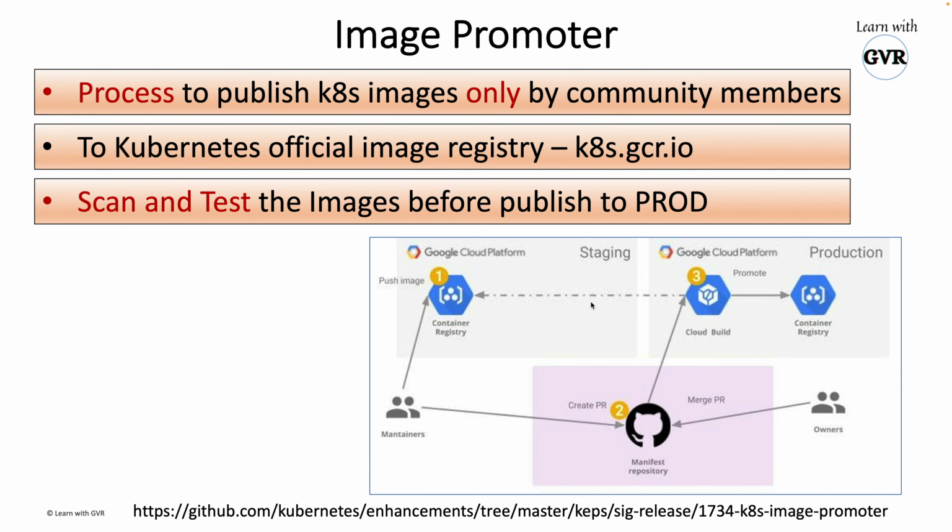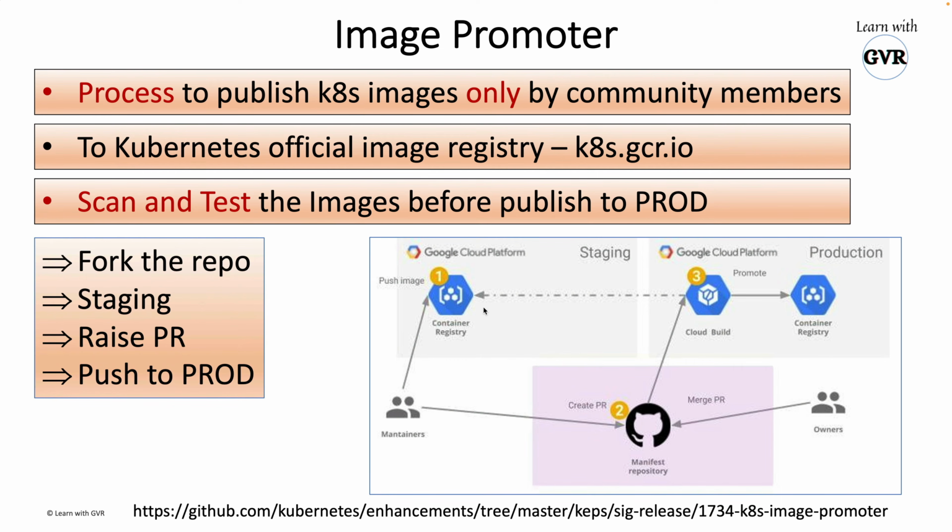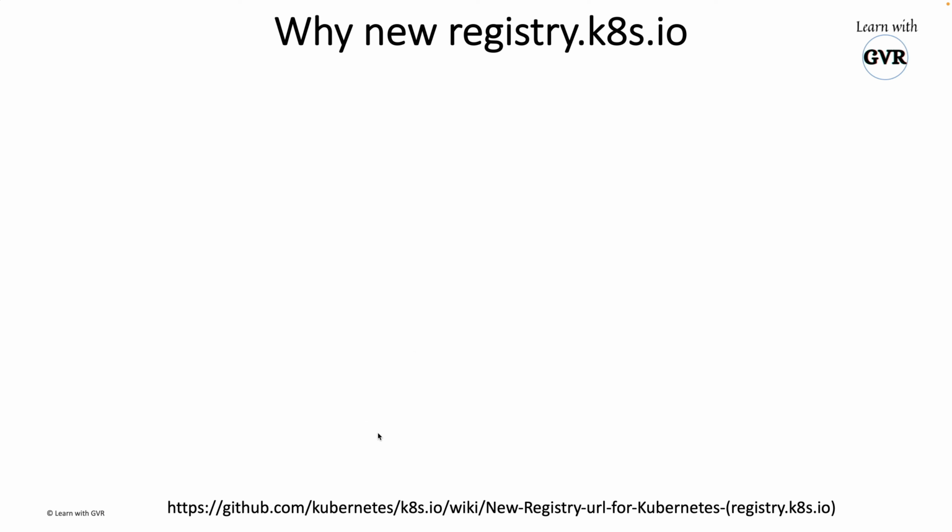The point is there are two environments, staging and production. If you are a developer working on Kubernetes control plane images, first of all you need to fork the repo, and push to the staging area and raise the PR. If it is all good, it will be pushed to production. They maintain the two environments now.